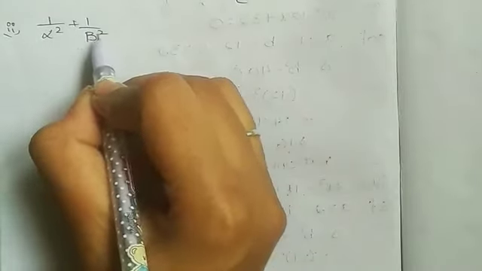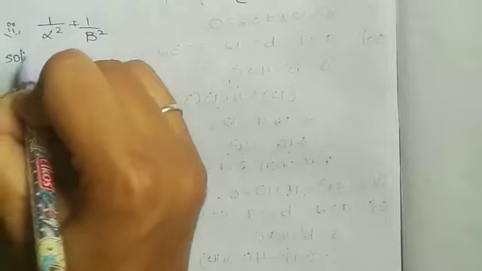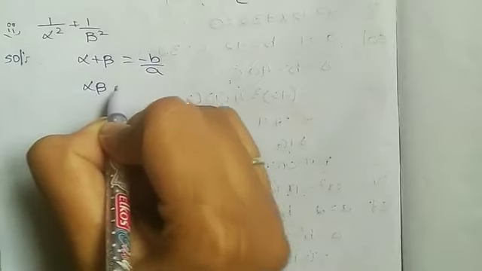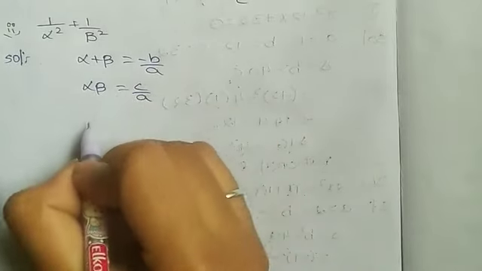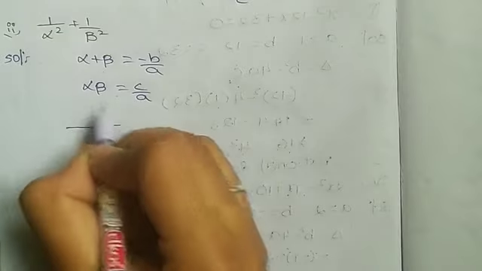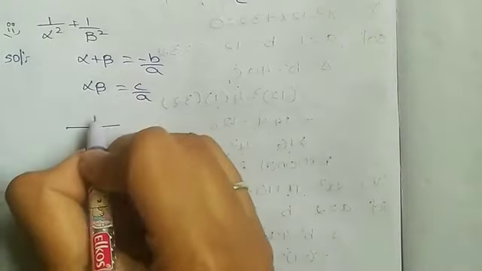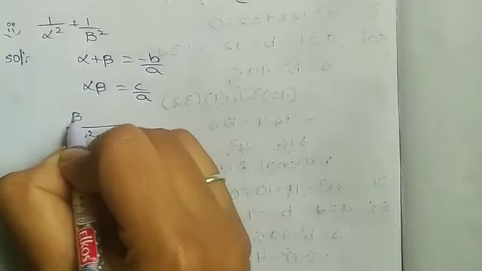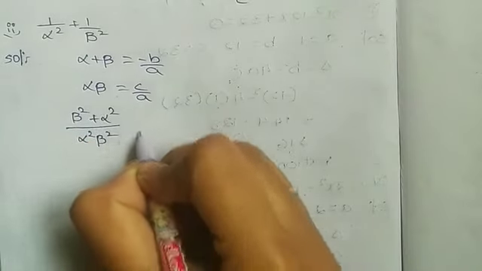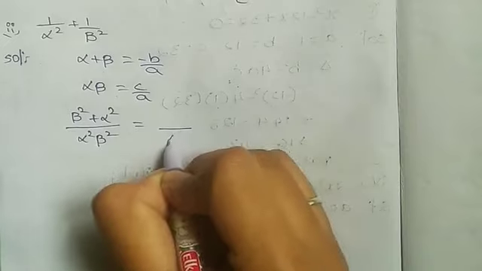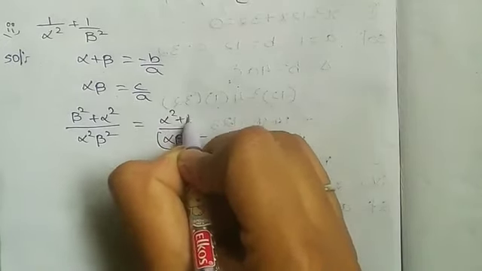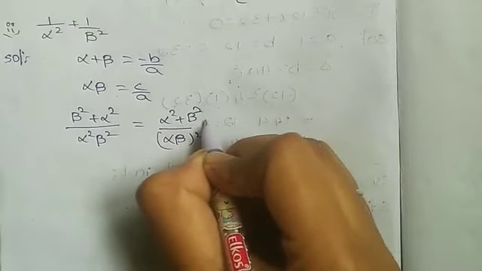Second one is 1 by alpha square plus 1 by beta square. So we already have alpha plus beta is equal to minus b by a, and alpha beta is equal to c by a. Now 1 by alpha square plus 1 by beta square, taking alpha square beta square as LCM. So what we get? Beta square plus alpha square, that is alpha square plus beta square, divided by alpha beta whole square.